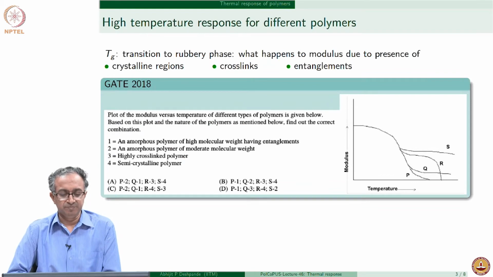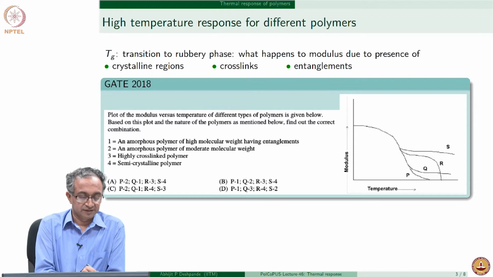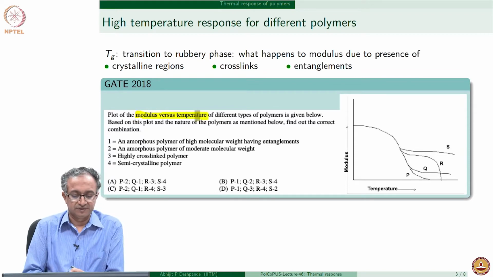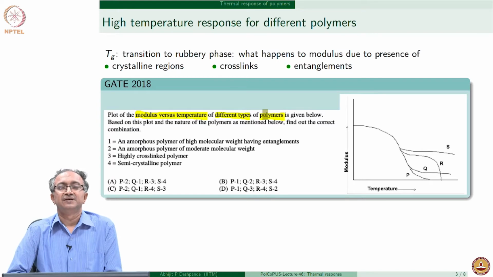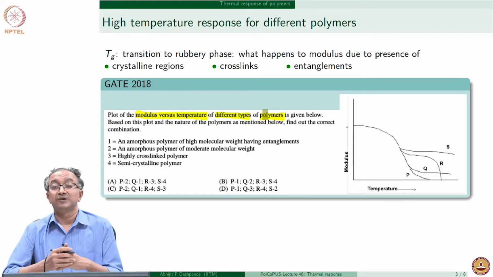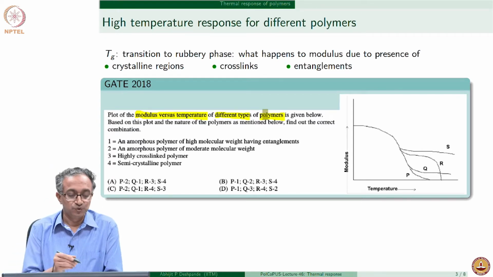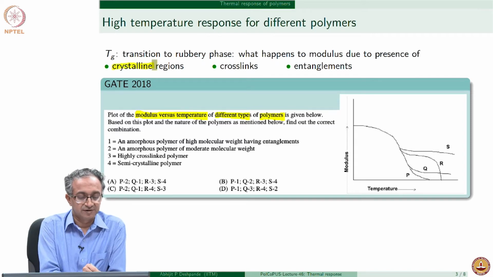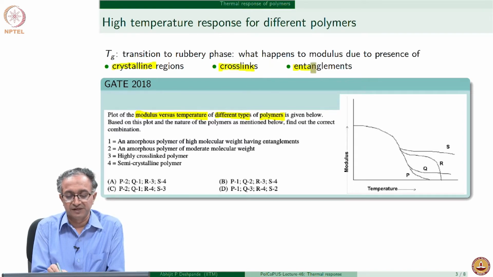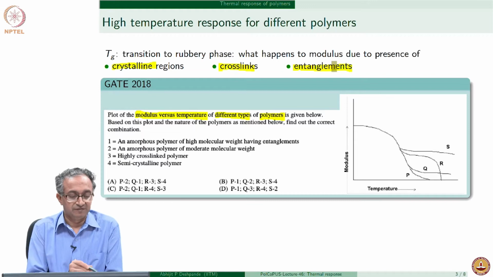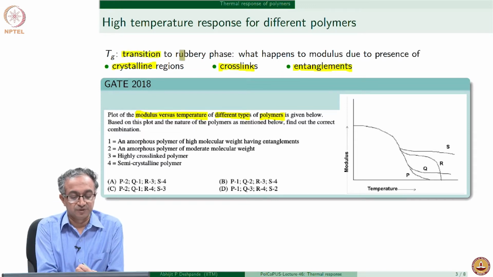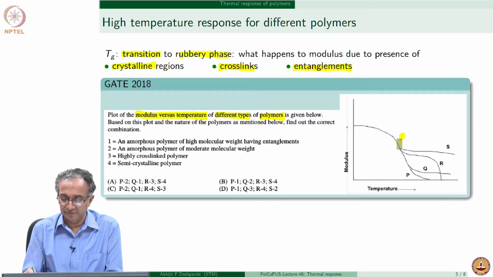So, let us begin by looking at an exam question where we are looking at modulus versus temperature for different types of polymers. The thermal response of polymers is very sensitive to what happens in terms of the microstructure of the material. For example, the transition to the rubbery phase happens around the glass transition temperature.